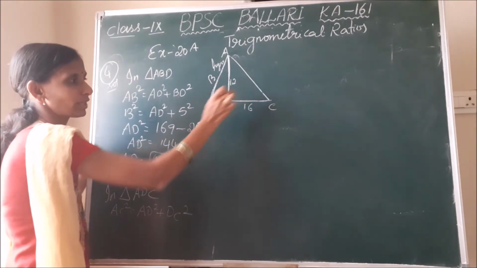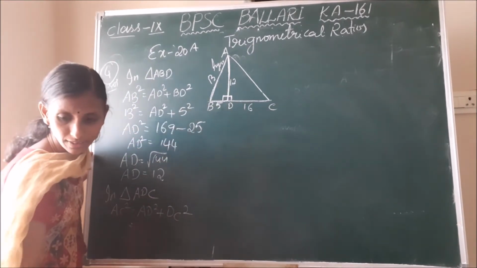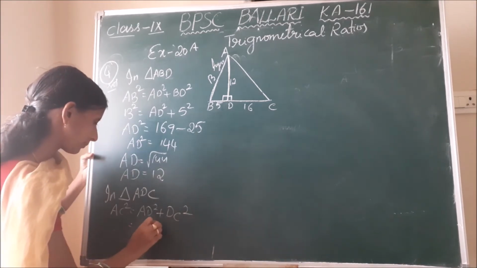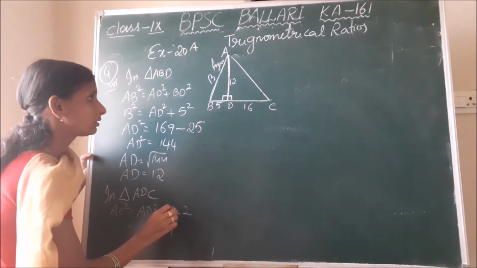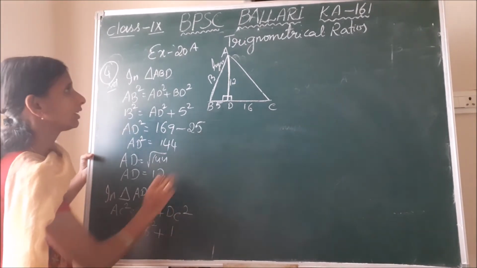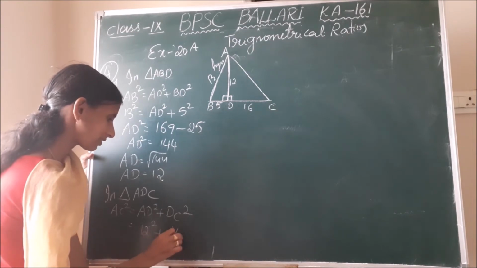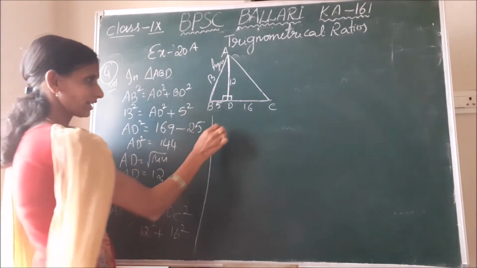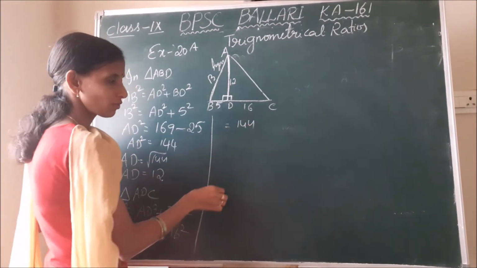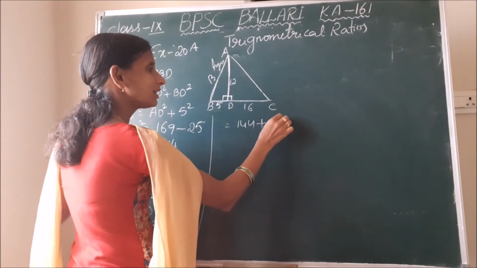AC we don't know, we need to find it. AD means 12 square, and DC means 16 square. So 12 square is 144, plus 16 square means 256.